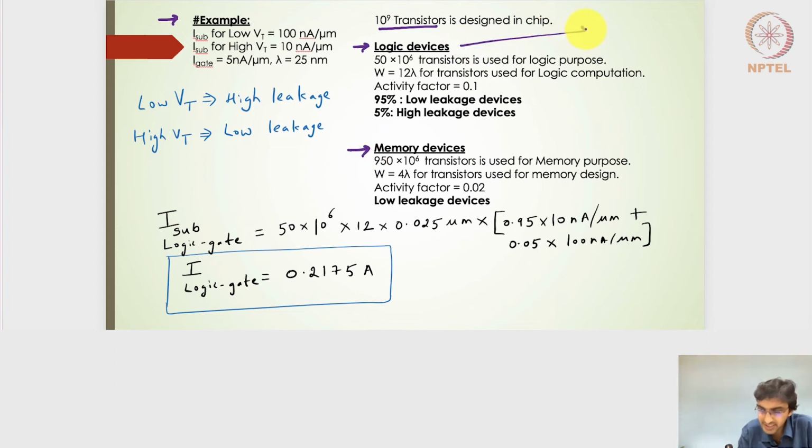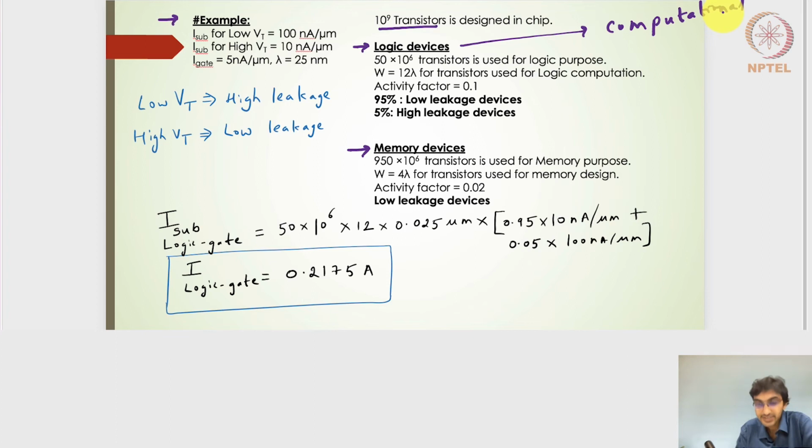The logic devices are designed for the computational part, and then the other set is the memory devices. Out of these 10⁹ transistors, we have 15 x 10⁶ transistors used for logic, for the computational purpose. The remaining 915 x 10⁶ transistors are used for the memory purpose.